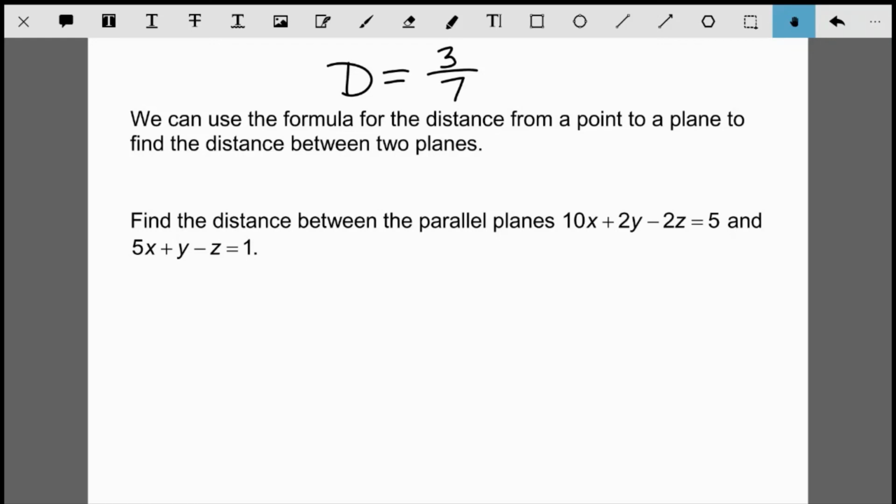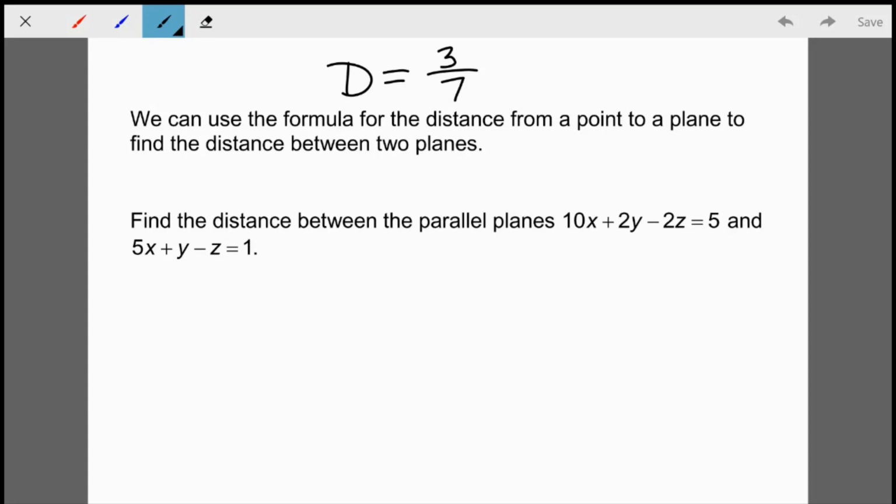Okay, so first of all, I can tell these are parallel. If you look at the normal vectors that we have there, we've got 10, 2, -2. We've got 5, 1, -1. Clearly, the first plane has a normal vector that's just a scalar multiple of 2 of the normal vector for the second plane.